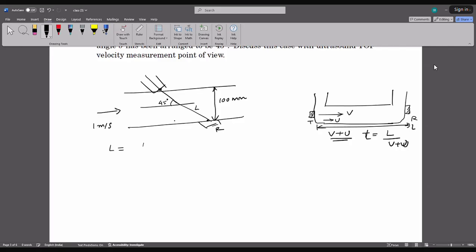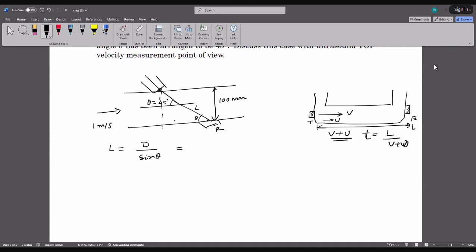First, the length L from here to here will be d divided by sine theta. Theta is given here. So if this is d, and this is theta, L is d divided by sine theta.